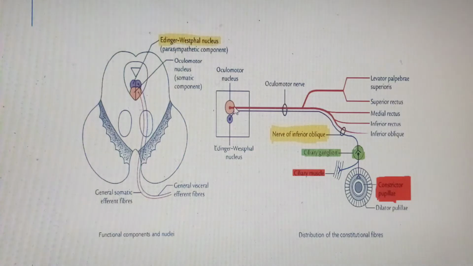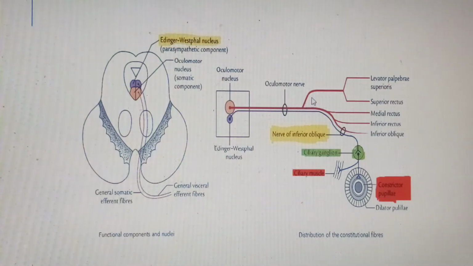One thing we got to know the other time when we looked at the overview of these cranial nerves was that cranial nerve 3 is a parasympathetic nerve. So it means that together these will form the oculomotor nerve. The nerve coming through the Edinger-Westphal and the nerve coming through the motor nucleus itself all join to form what we call the oculomotor nerve.